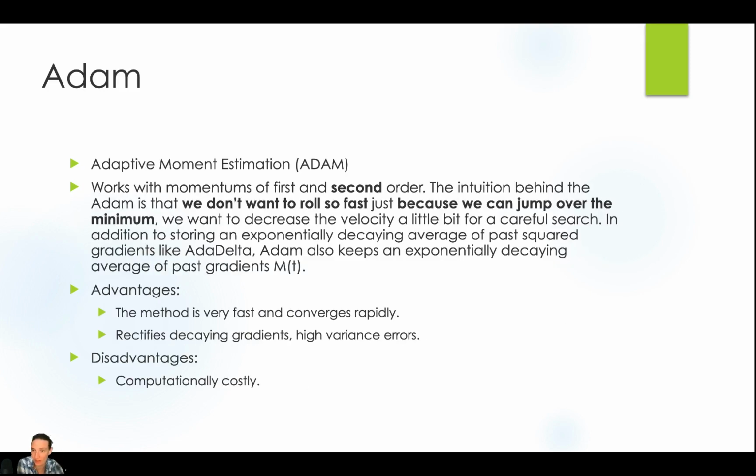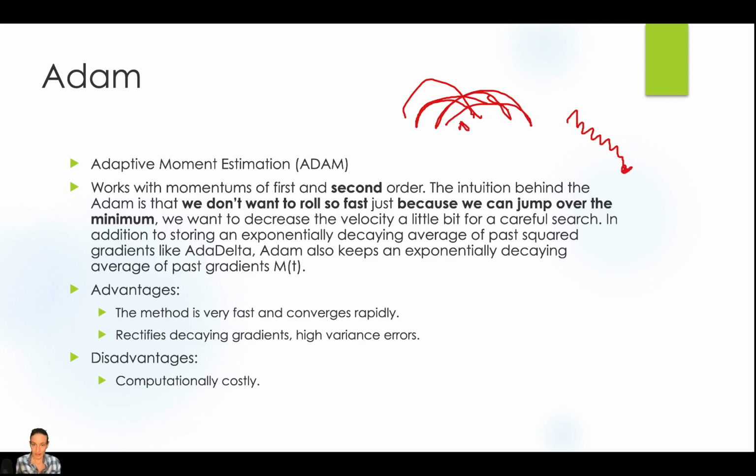Adam optimizer, a very popular optimizer, adaptive moment estimation. It works with momentums of the first and second order, and the idea is we don't want to roll so fast because we can jump over the minimum. Again, this idea that we could jump back and forth, and ignore the actual minimum instead of slowly going towards the minimum.